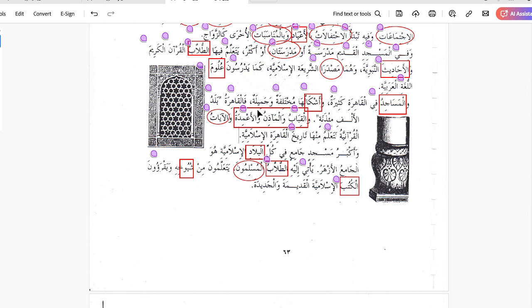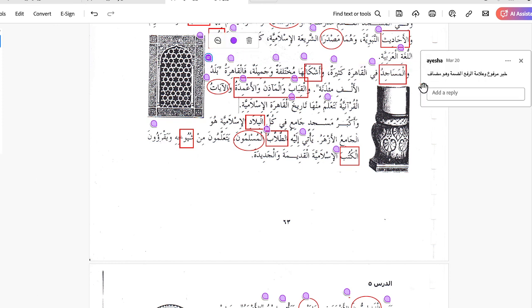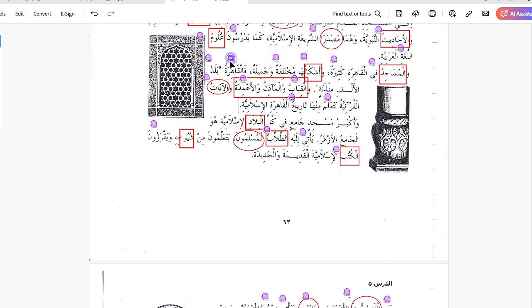And jamilatun. Fal Qahiratu baladu alfi mi'dhanatin. So Cairo is called the country of 1,000 minarets. Qahiratu here is coming as a mubtada, marfu', and the sign of rafa' is the damma, and baladu is the khabar. Wal qibabu wal ma'adhinu wal a'midatu.